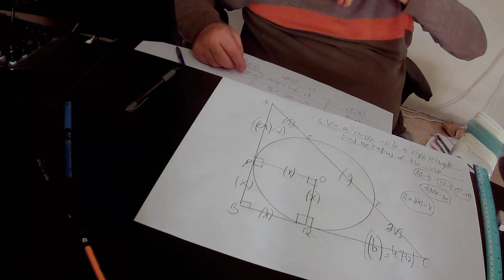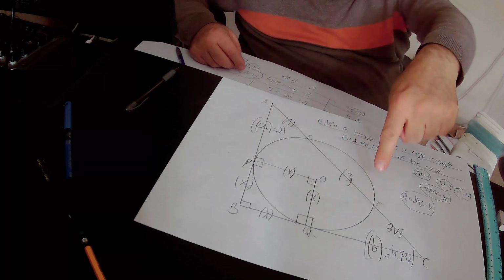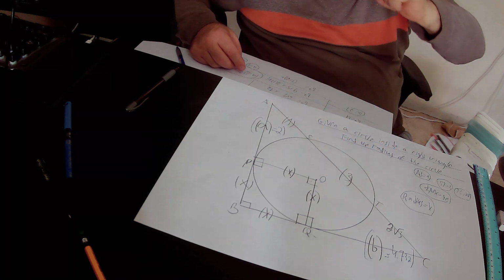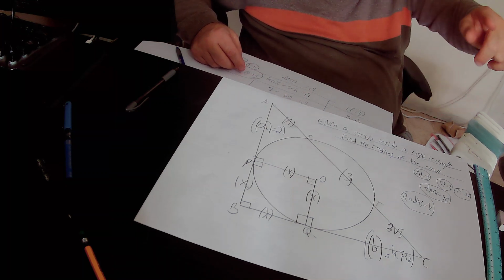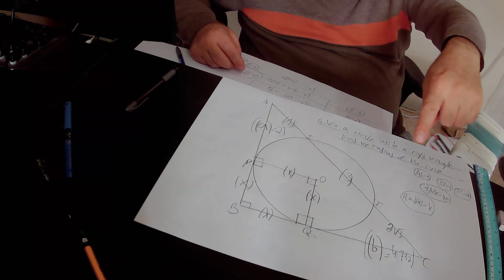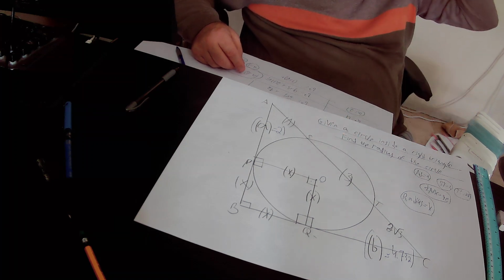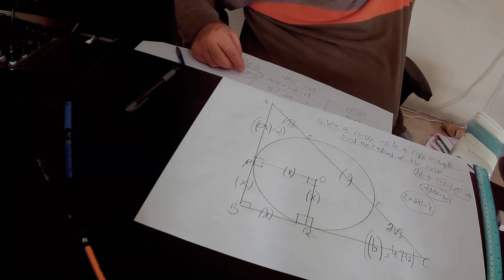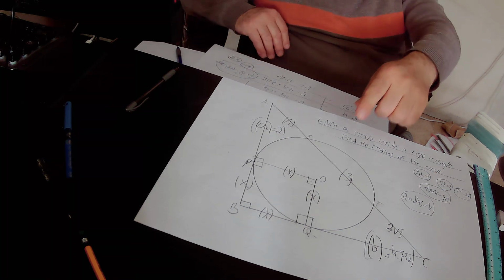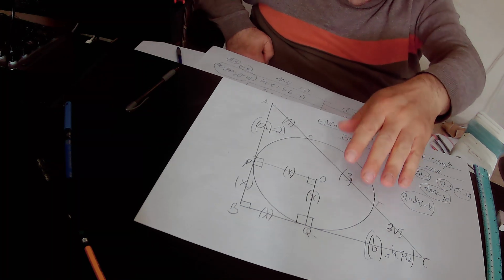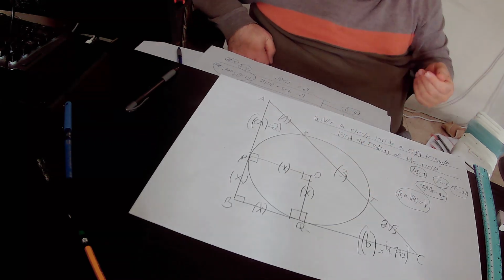So first of all, we define the center of this circle, this point is point O, and we define the radius that we are looking for as x. So the radius of this circle equals x according to our definition. And then we join points O and Q together by a straight line.